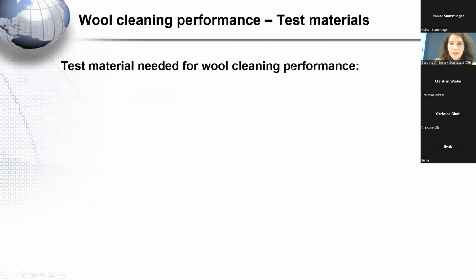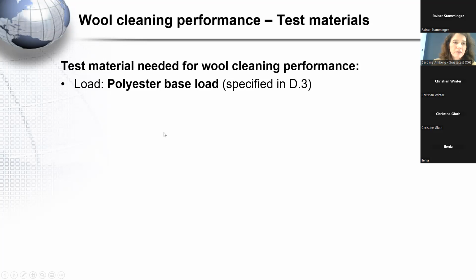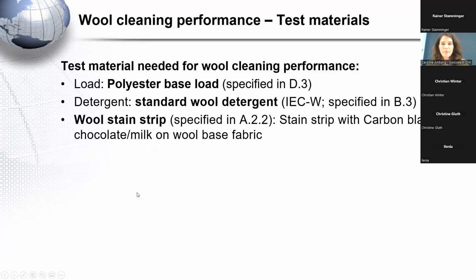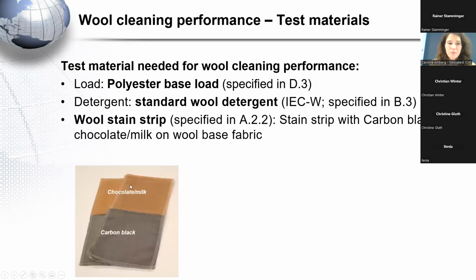Okay, then what kind of test material is needed for wool cleaning performance? First of all, the polyester base load, then the detergent, and the wool stain strip. This is a stain strip with carbon black and chocolate milk or cacao on a wool-based fabric.